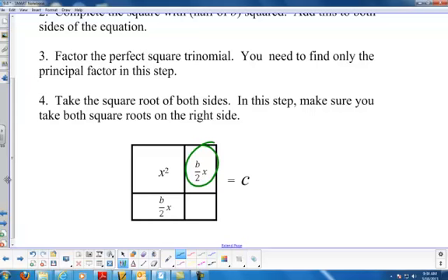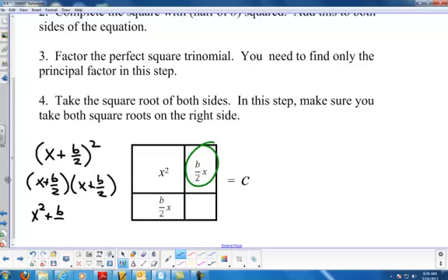Once you have that, you know that your factored form is the x plus the b over 2 squared, because that FOILs into x squared plus b over 2x plus another b over 2x plus b squared over 4.